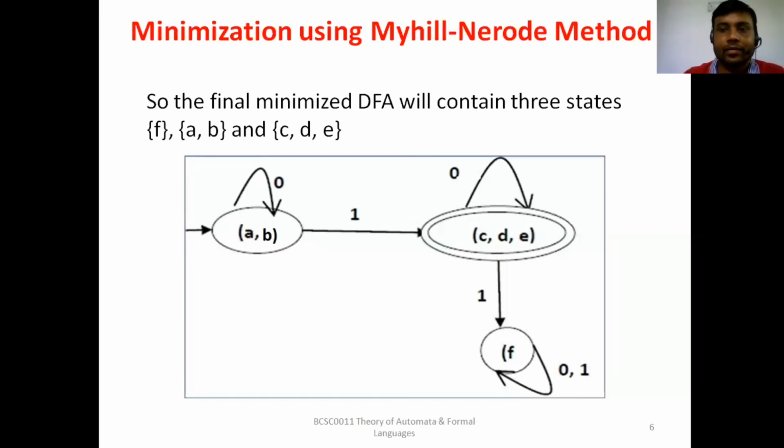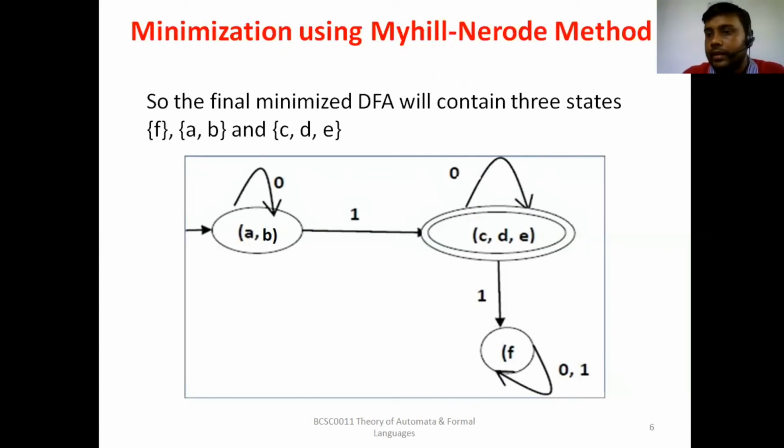Now we can determine its transitions by using the given DFA. The zero transition for AB goes to AB itself, the one transition for AB goes to CDE, the zero transition for CDE goes to CDE itself, the one transition for CDE goes to F, and the 0 and 1 transitions for F go to F itself.